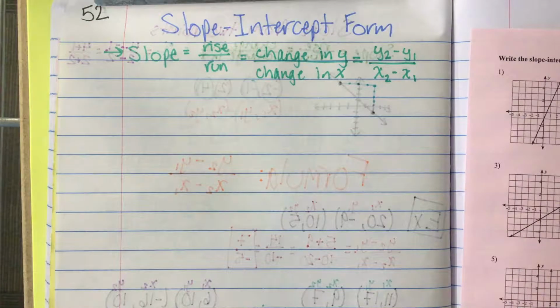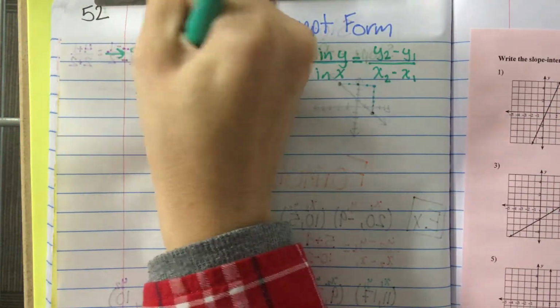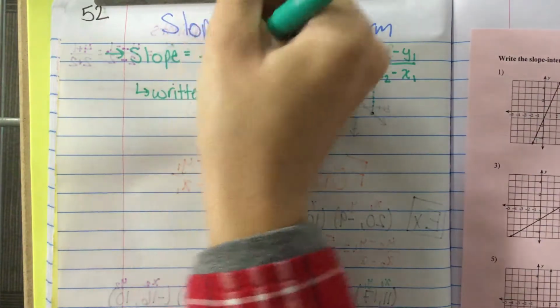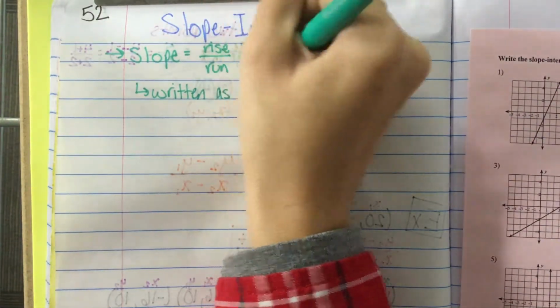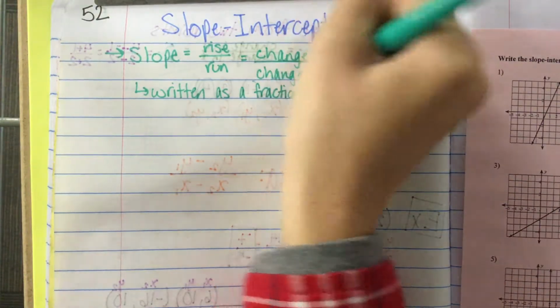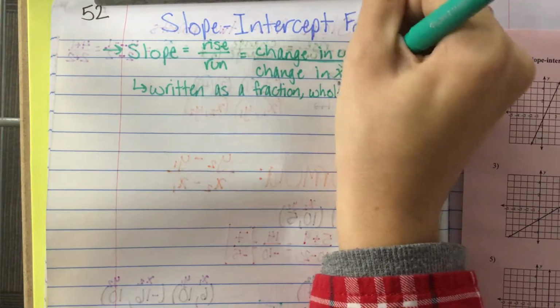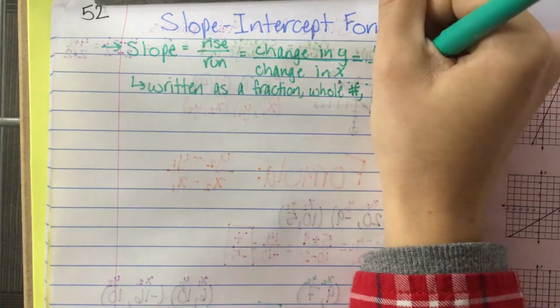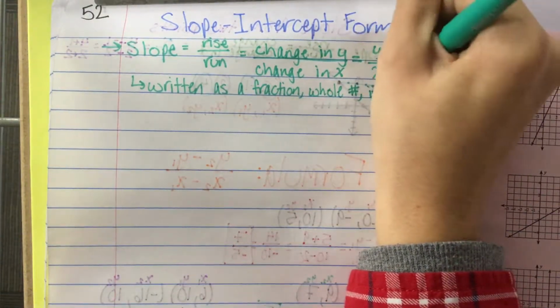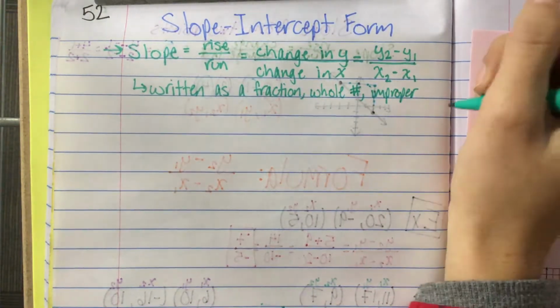Now, intercept. Well, let's go ahead and remind ourselves that slope is always written as a fraction, whole number, or improper fraction.